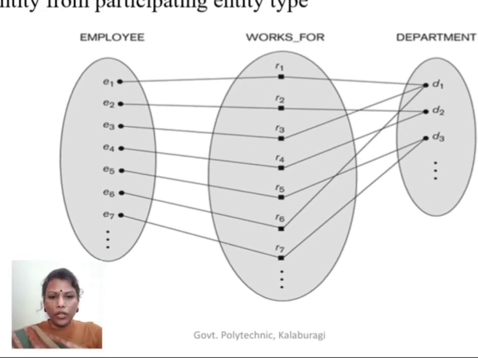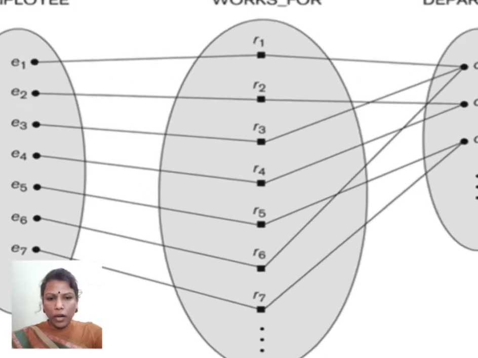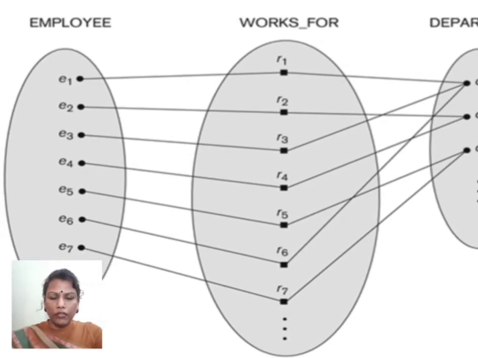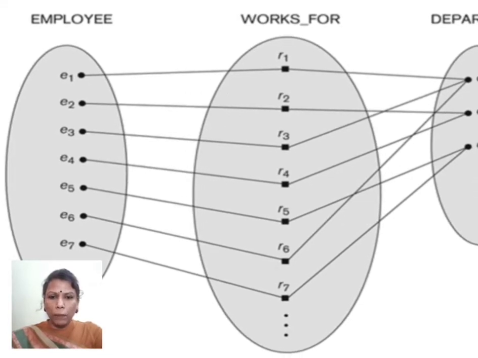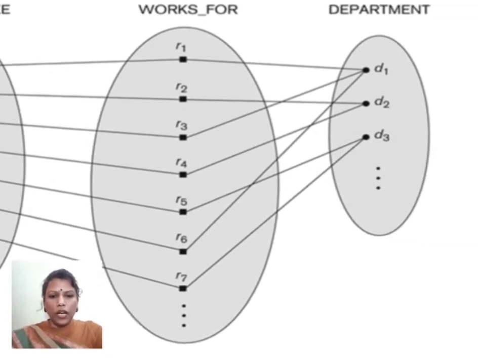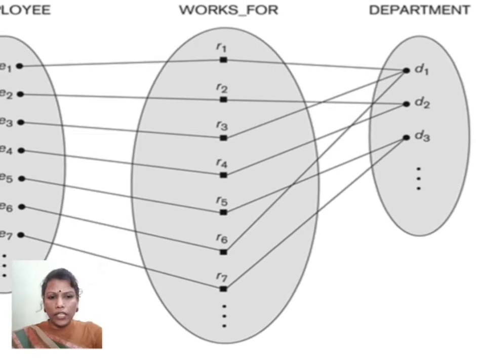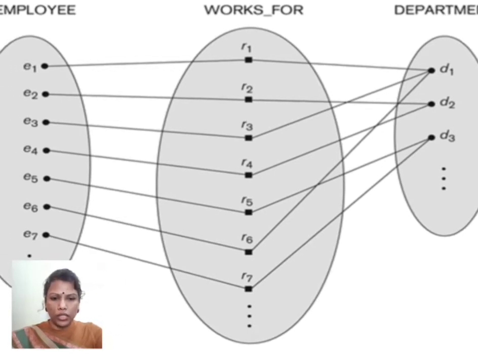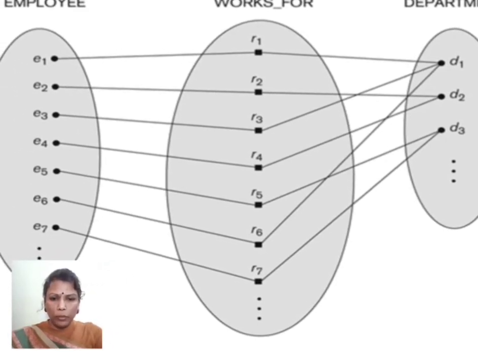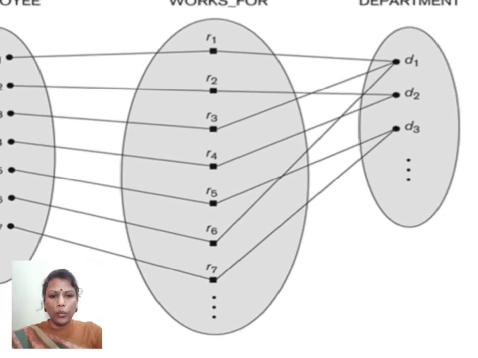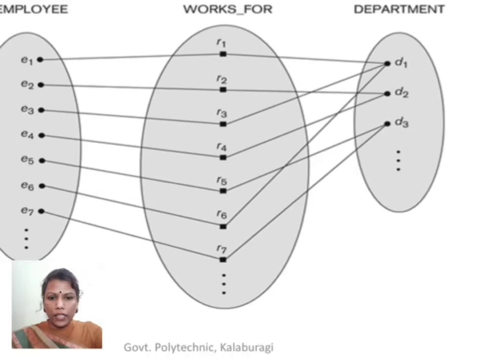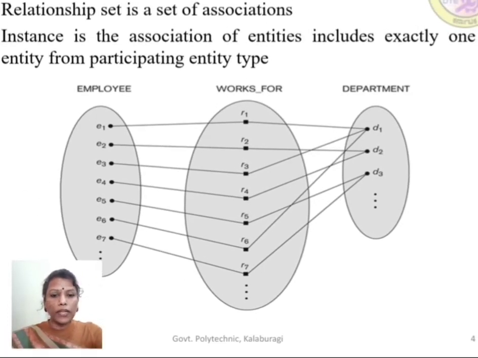And for this relationship R1, exactly one entity from employee must participate, and also one entity from department must participate, right? So if we consider R2 as a relationship, then one entity from employee, that is E2, and one entity from department, that is D2, is participating. That is nothing but the relationship instance.